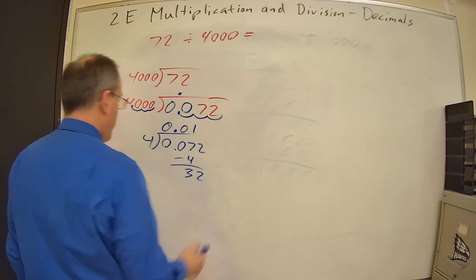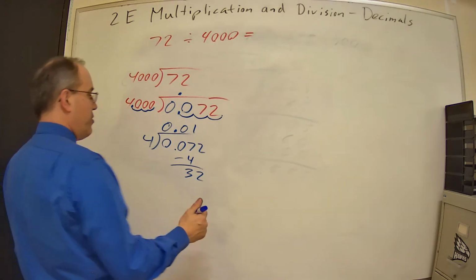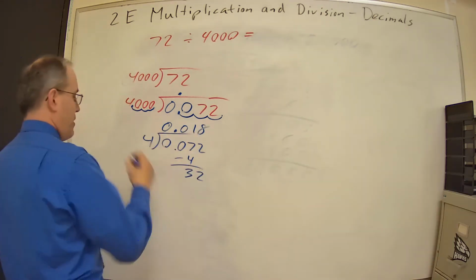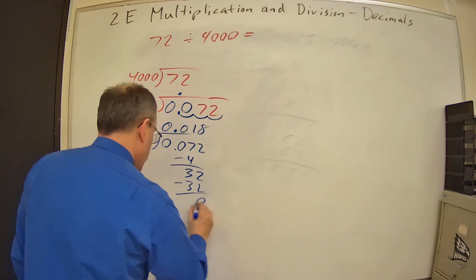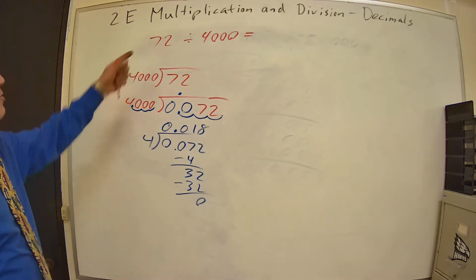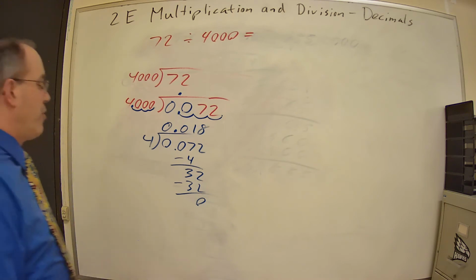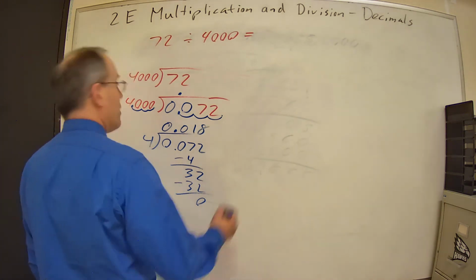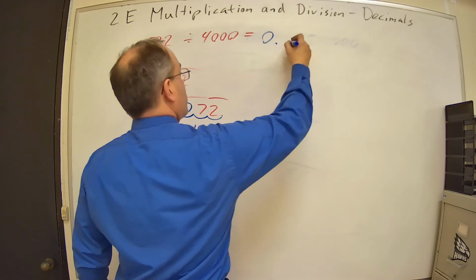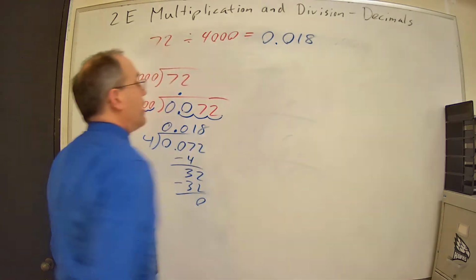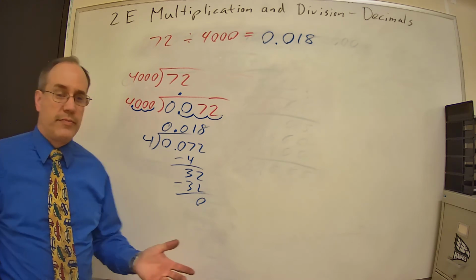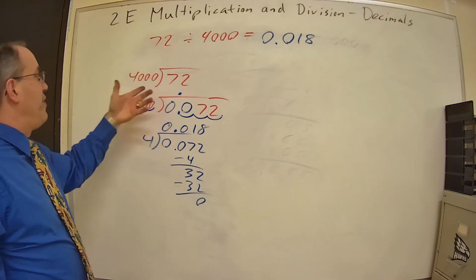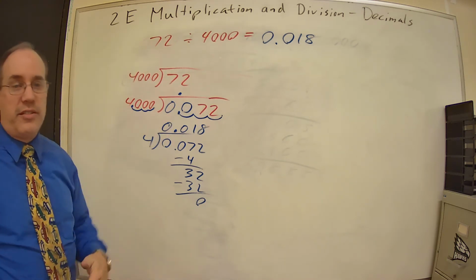Bring down the 2. 4 goes into 32, 8 times. 8 times 4 is 32. Subtract, and we get 0. So 72 divided by 4,000 is 0.018.